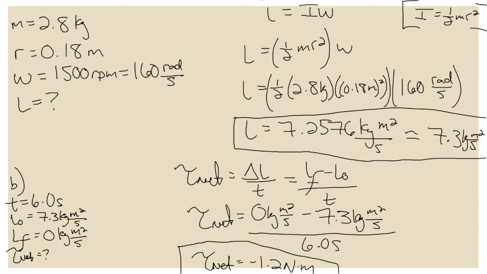Now, a point mass is an object that has all of its mass basically located at one point in space. And finding the angular momentum of an object like this can be tricky, because mostly what we've been talking about in this rotational motion unit is what we call extended bodies. In other words, objects that have their mass distributed throughout a certain region of space, like this cylinder in this problem.